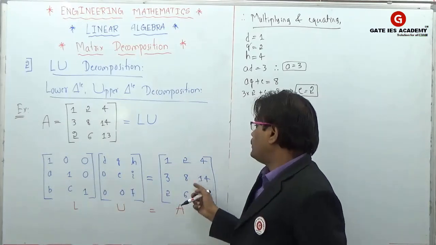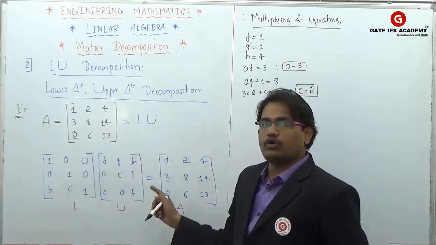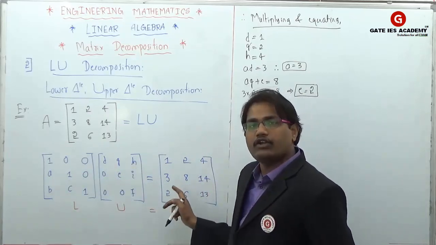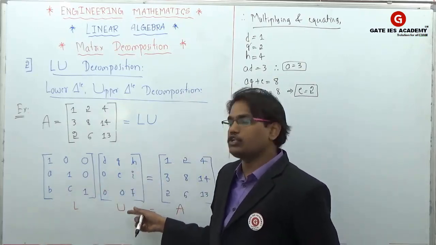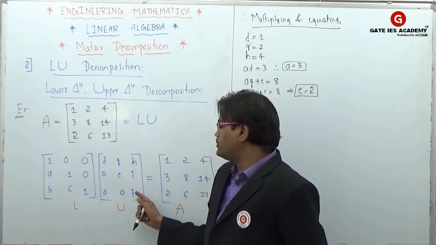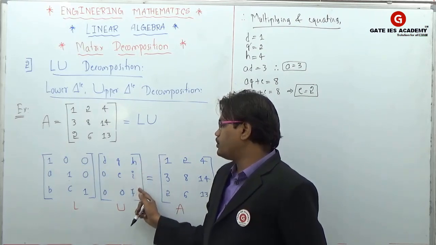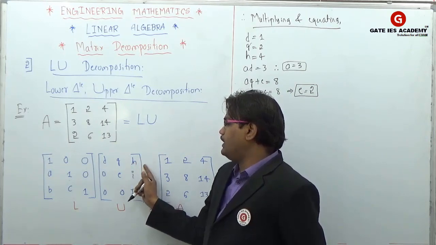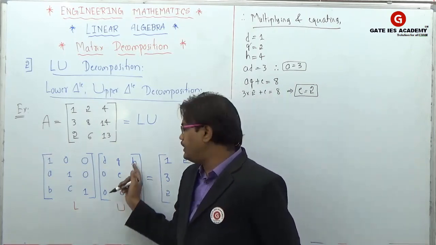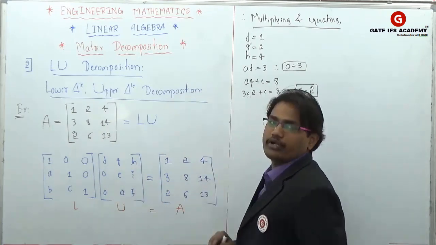Now go to the second row, third column element. A, 1, 0 multiplied with the third column, H, I, F, where the 0 goes with F. That is AH plus I, which must be 14.